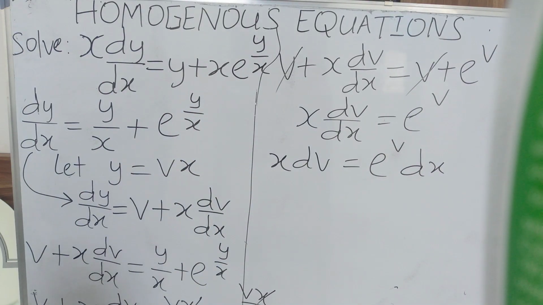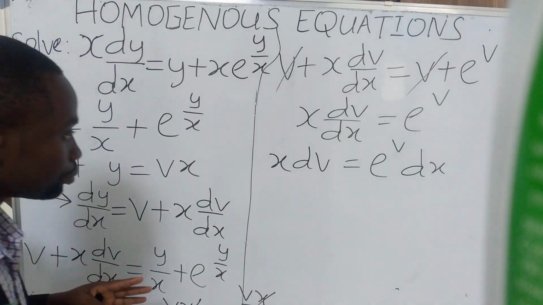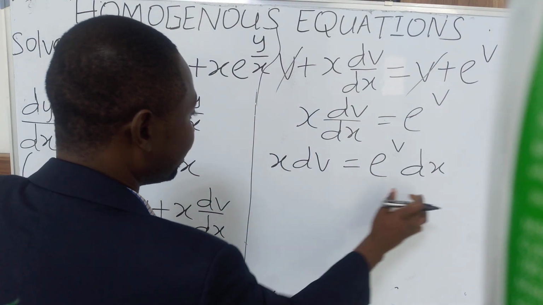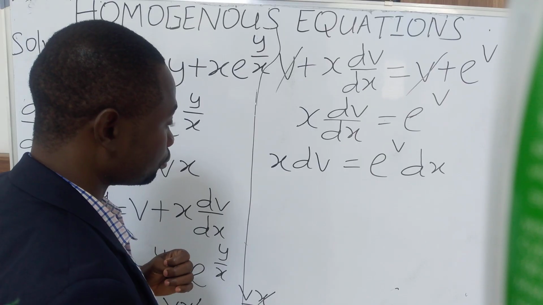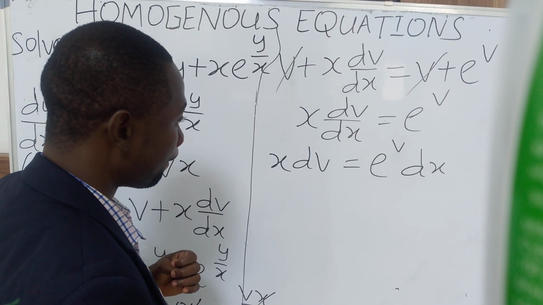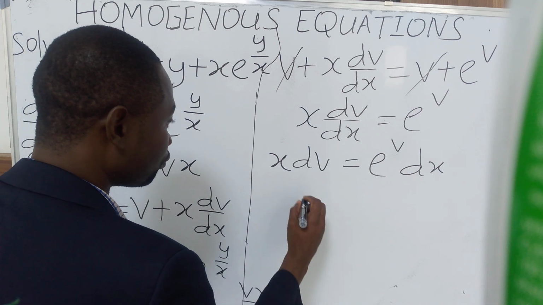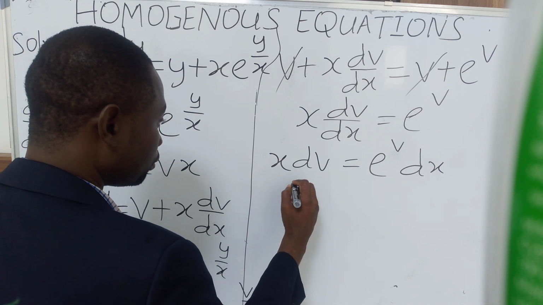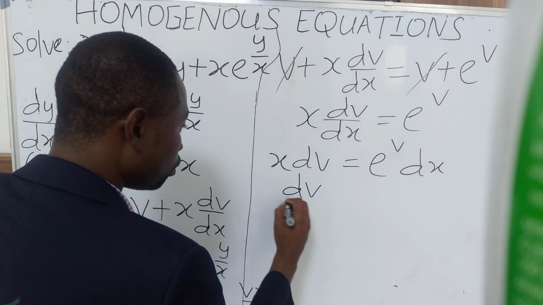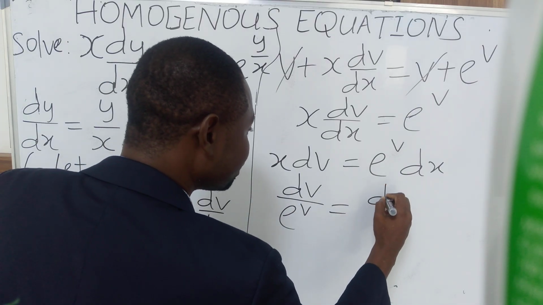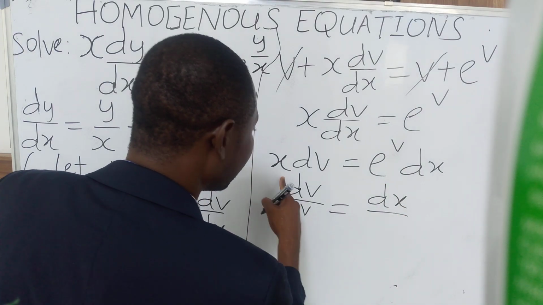From here, the next thing is to bring the v together and the x together. So I'm going to have dv over exponential v is equal to dx over x.